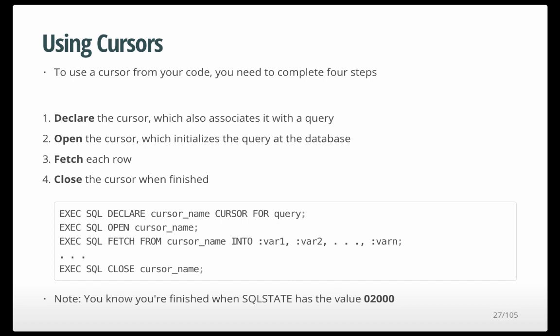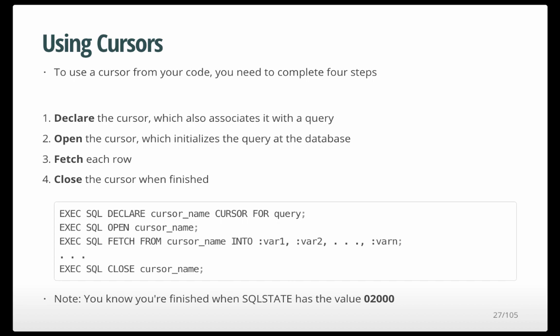So then we fetch the rows, and when we fetch, we just get one row's worth of data at a time. We fetch and we fetch until we're done fetching. Done fetching might actually mean SQL state has the value 02000, which is no more rows. So when we're done fetching, we say close.